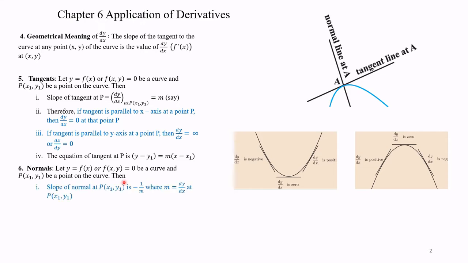Then the slope of the normal at P(x1, y1) is minus 1 over m, where m is equal to dy by dx at P(x1, y1). That is, m is the slope, it is dy by dx. So first we calculate m equal to dy by dx, then we find the reciprocal, that is 1 by m, and the negative sign of that is the slope of the normal.